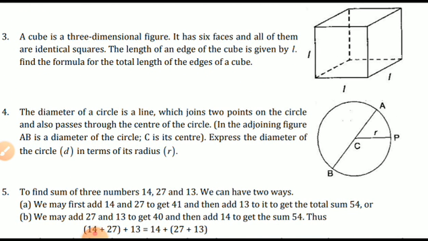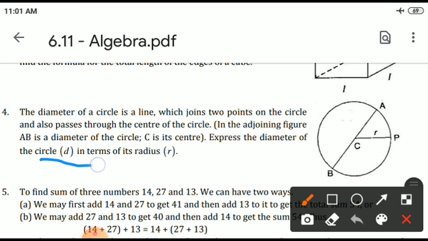Fourth question. The diameter of a circle is a line which joins 2 points on the circle and also passes through the center of the circle. In the adjoining figure, AB is the diameter of the circle. C is its center. Express the diameter of the circle D in terms of its radius.